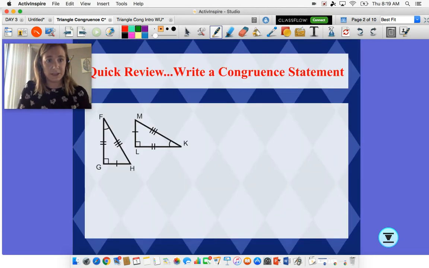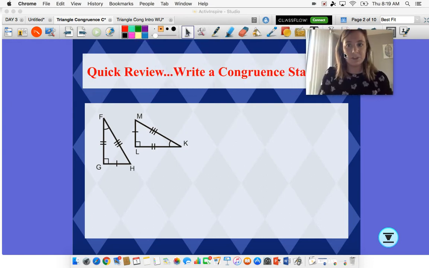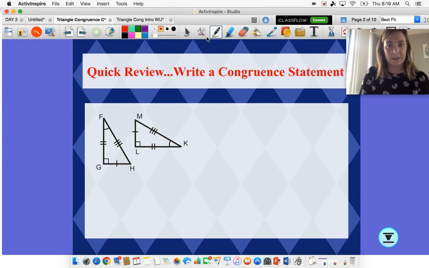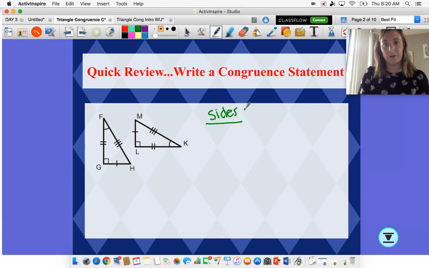So let's take a look here. This is what we started with, what you got in the last video lesson. Write a congruence statement. I'm going to do it for the sides first. Corresponding sides are congruent. So segment FG is congruent to, well, which one has two markings?